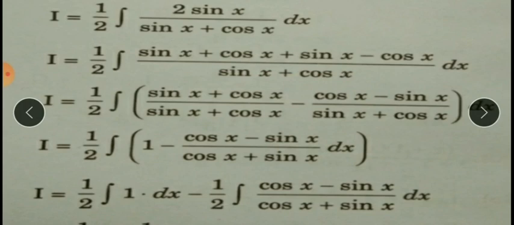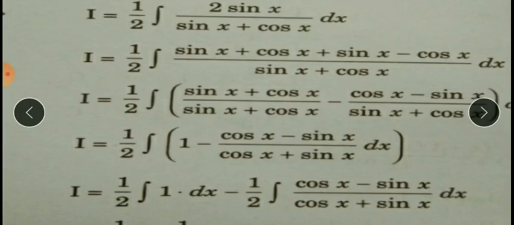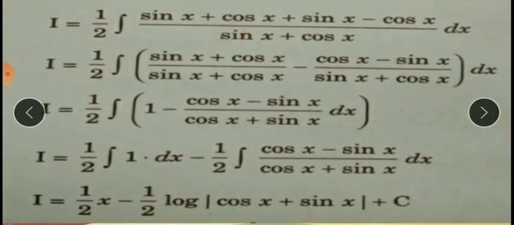Now in the numerator, we have to divide it into two parts. The first part is sin x plus cos x. The second part, sin x minus cos x, can be written as minus of cos x minus sin x. The denominator is as it is; each part has the same denominator. Then I is equal to 1 upon 2 integration. See, the first part is sin x plus cos x upon sin x plus cos x, that is 1.